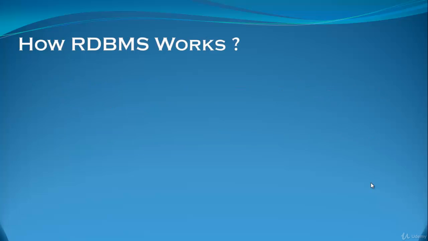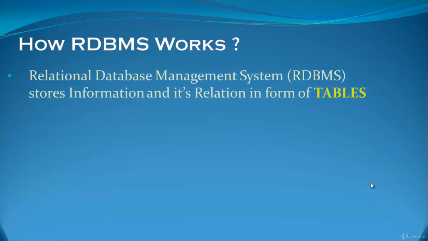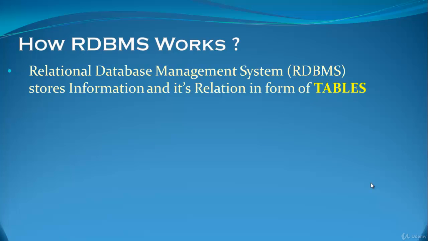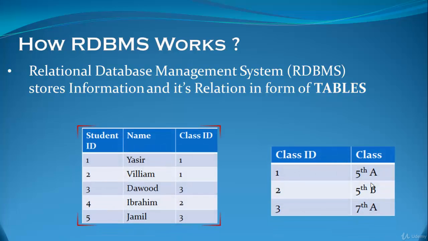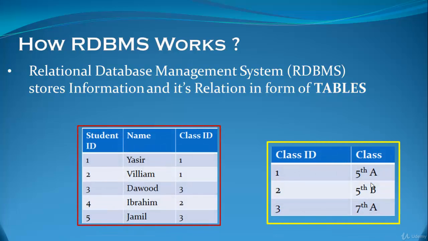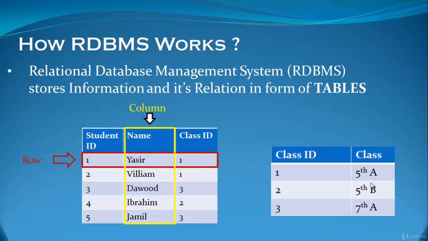Let's move to understand how data is organized and stored in RDBMS. RDBMS stores data in the form of tables. A table is a typical combination of rows and columns. And different tables can have relations between each other.